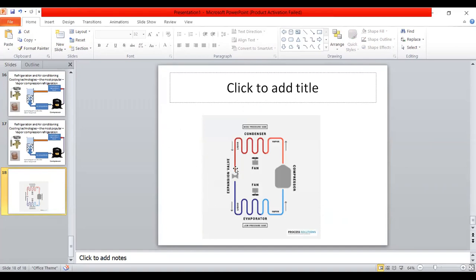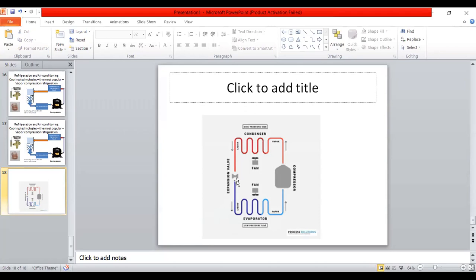This flashing of this liquid turns into low pressure, low temperature liquid and vapor. But of course, then this liquid contains a lot of coldness, and that coldness makes the cooling application, and finally some evaporated gas goes to compression.